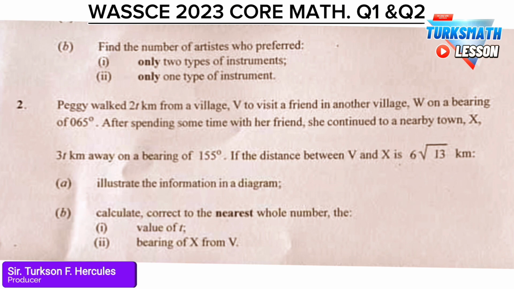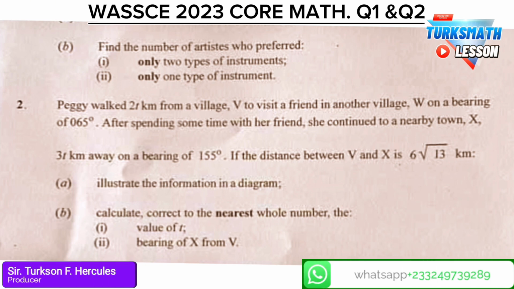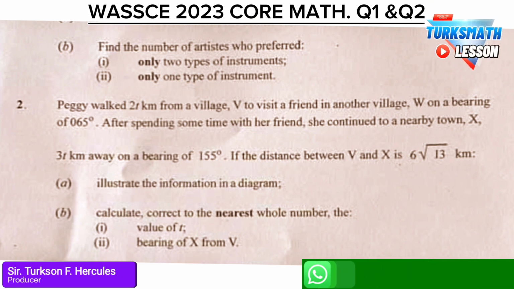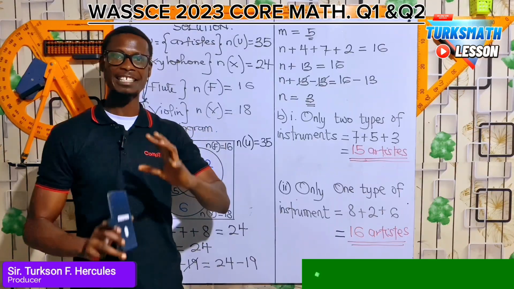If the distance between V and X is 6.13 kilometers, A. Illustrate the information in a diagram. B. Calculate correct to the nearest whole number the Roman number 1 value of T, Roman number 2 the bearing of X from V. Right, so this is another simple question.